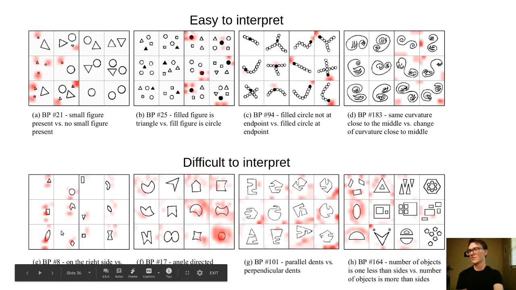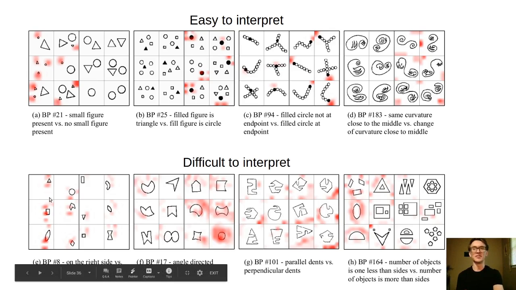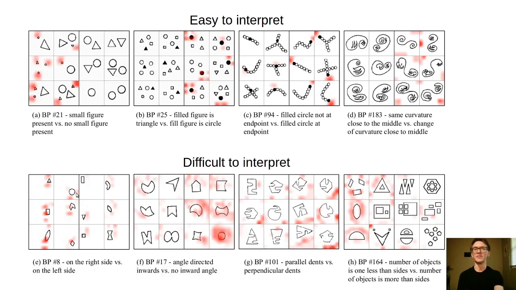Now, what should be highlighted? If it highlights just the shapes themselves, that doesn't provide us much useful information. Perhaps it could highlight the entire side that the shape is on. It's unclear what should be highlighted.